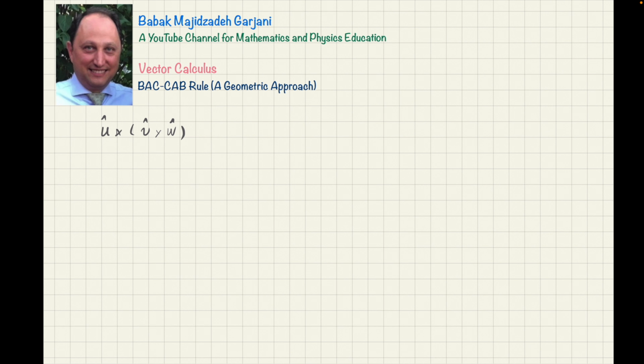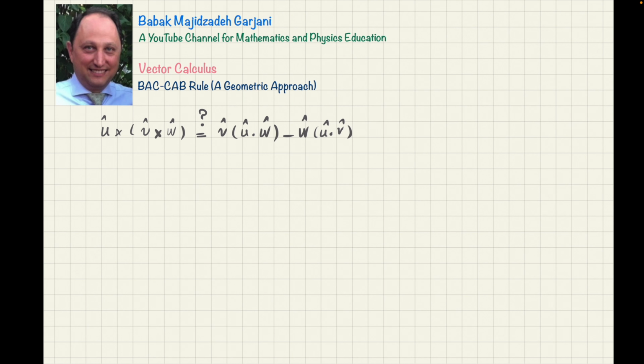In the previous case, I considered two vectors, not three vectors, but here I'm considering three vectors, and I want to show that the same rule will apply, the same BAC-CAB rule. So I want to show that this is indeed the case. So this is what we want to show in this case.